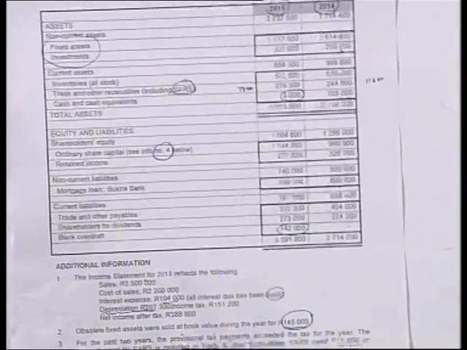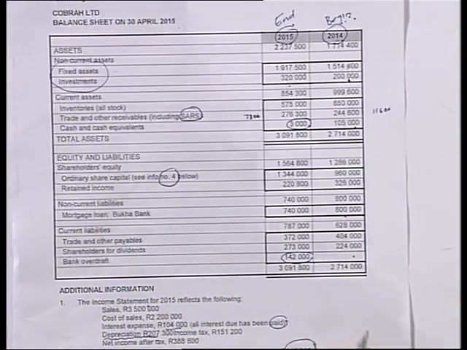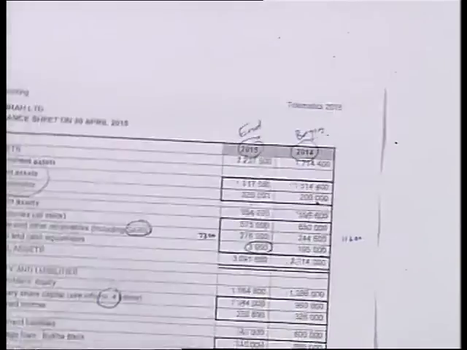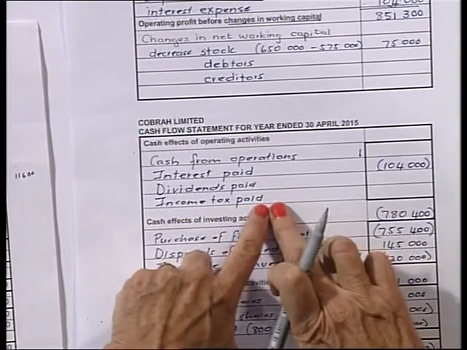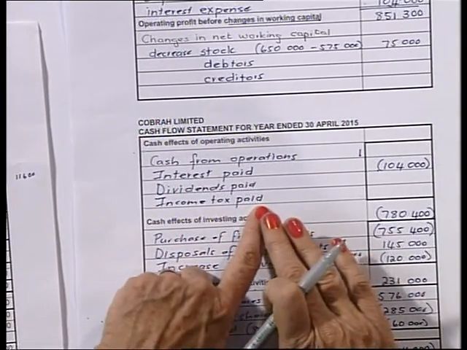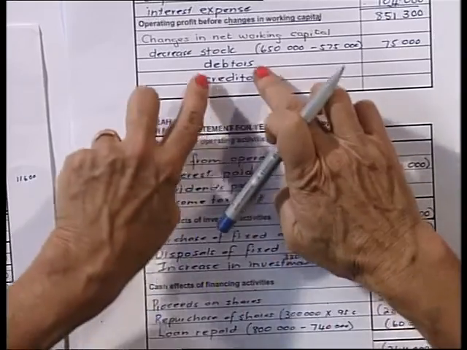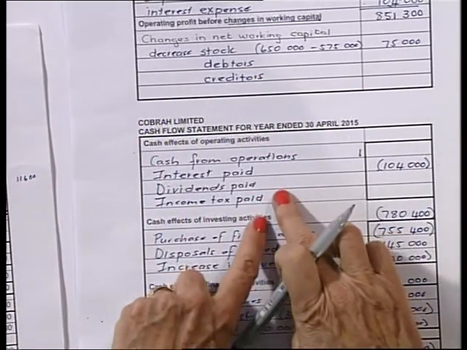Now, why am I going to deduct it from that one? In this figure we have SARS, but tax must be done separately, and I can't use the same amount twice. So I deduct it there so I can use the amount here.